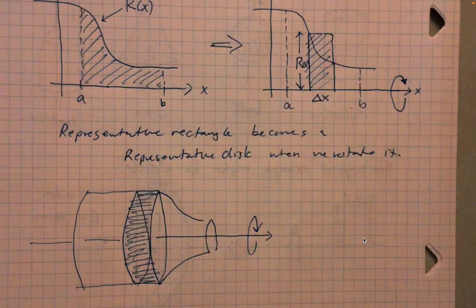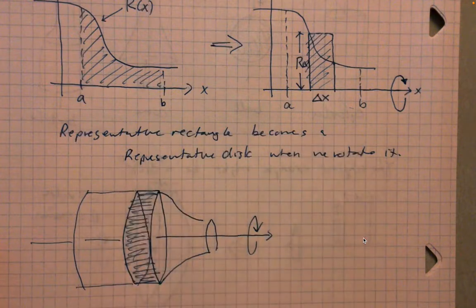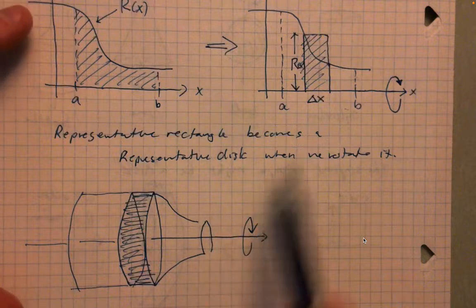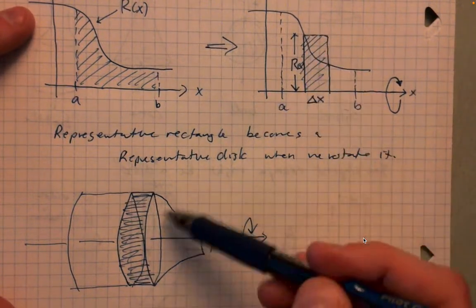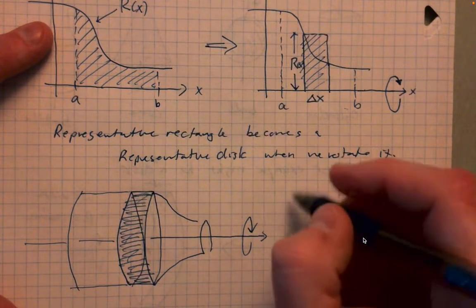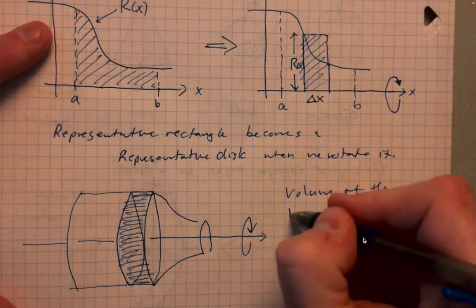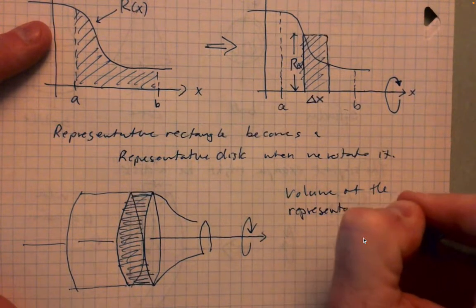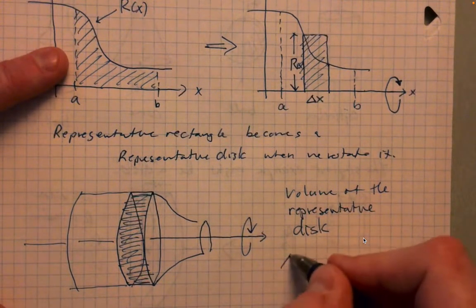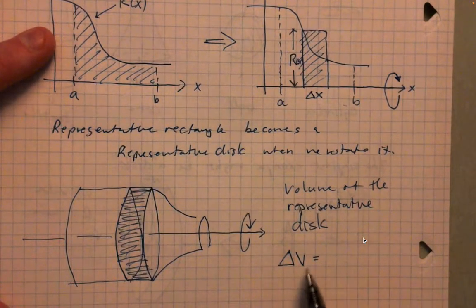Now, when the rectangle is rotated and it goes from being a representative rectangle to a representative disk, it's going to basically go from having just an area to having a volume. And so that volume can be calculated, right? So the volume of the representative disk is going to be what? I'm going to call it delta V. Okay, that representative volume.